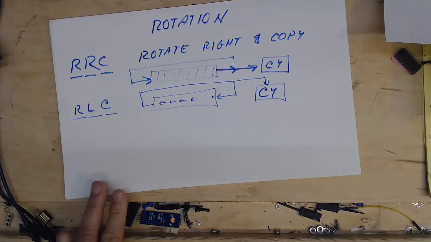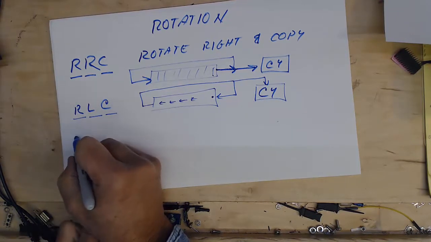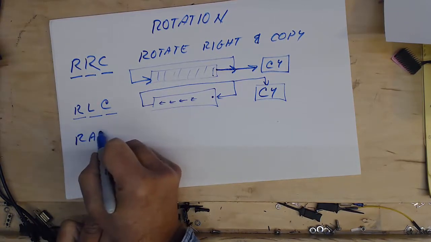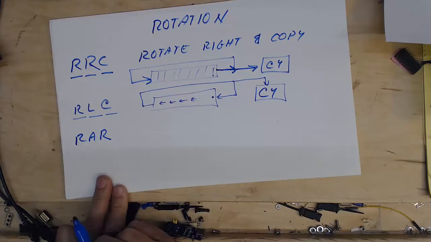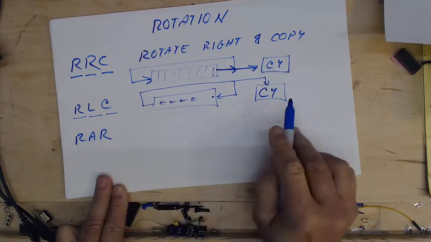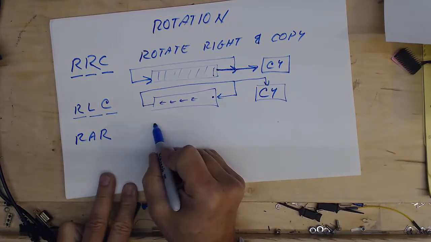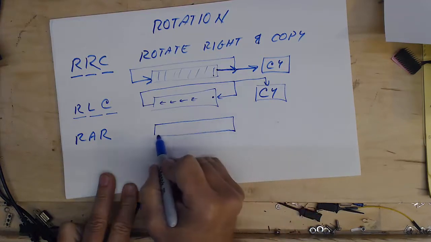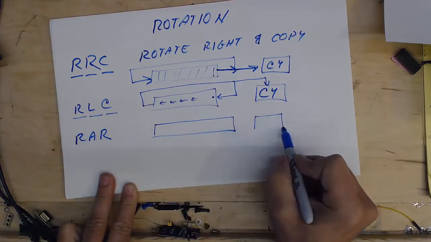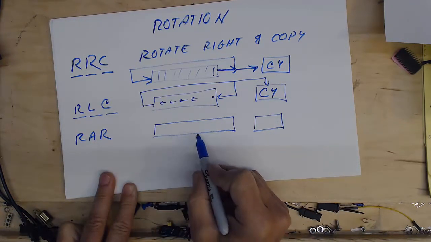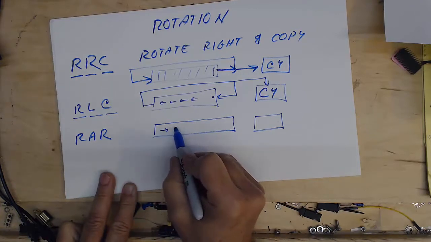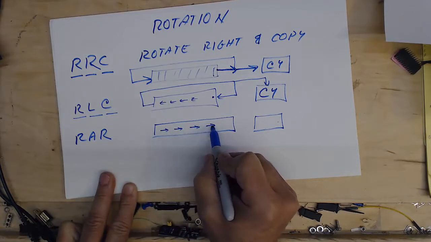The other kinds of rotates are RAR. An RAR treats the carry a little bit different. It treats the carry as a part of the accumulator. So in a RAR, we have all these little bits. They're all going to march one location to the right.